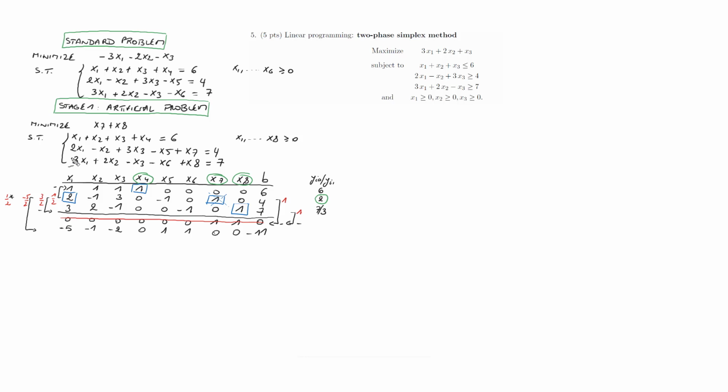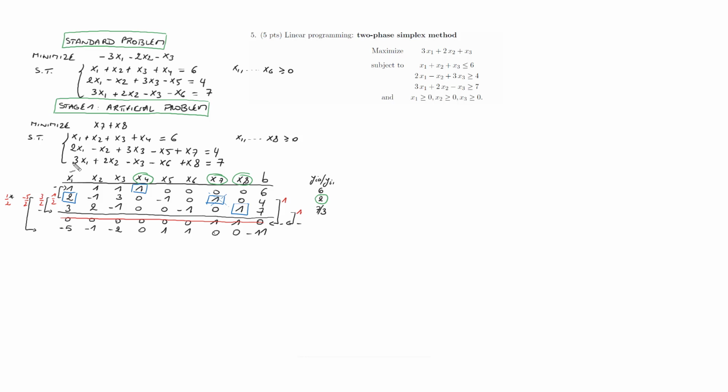So we know now that x1 is going to join the base. So what we need to do is to compute this column here, and in this column we take an element of this column divided by the corresponding element. Remember this is the variable that is going to join the base. So here it's 6 over 1, 4 over 2, and 7 over 3, and you have to pick the smallest one that is positive. So clearly here it's 2, and we know now that the new pivot will be 2.